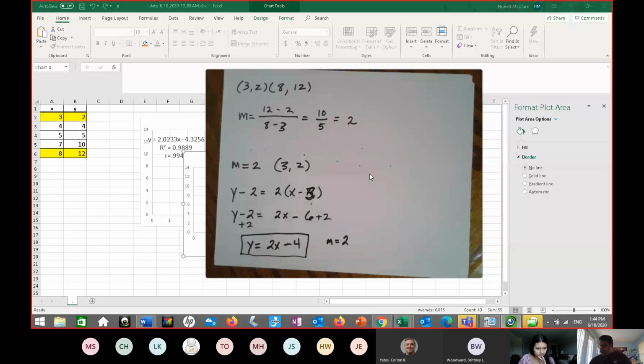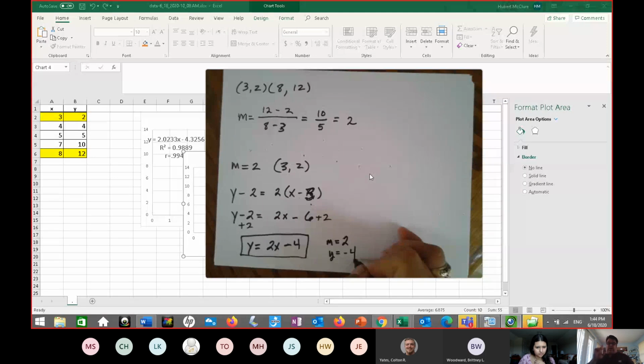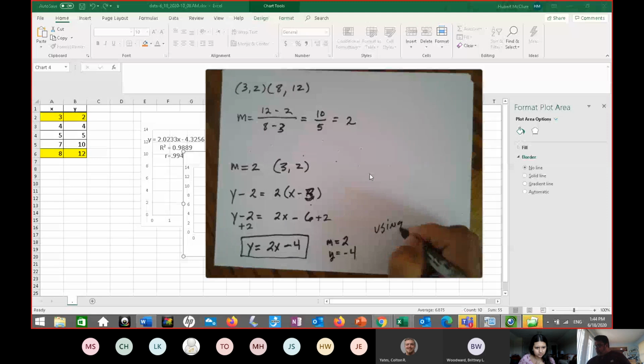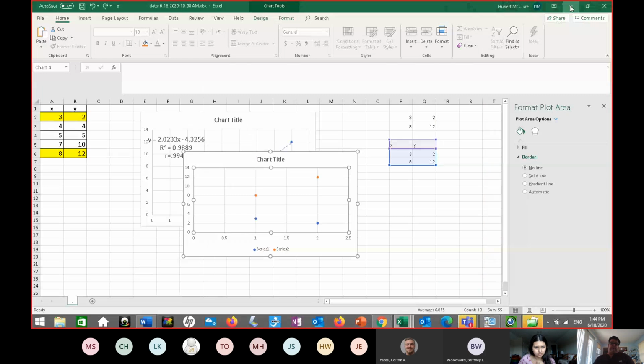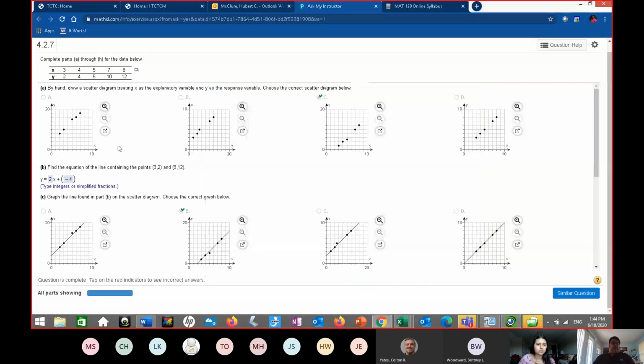And your y-intercept is equal to negative 4. Using those 2 points in yellow. So let's see if that's what they want. So B, yep, that's it. That's what they're using. Okay.